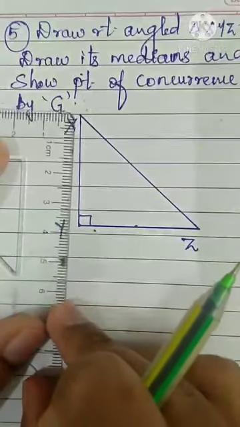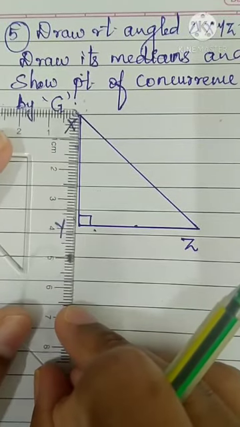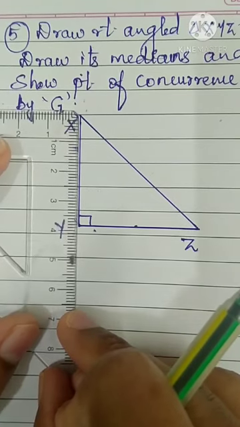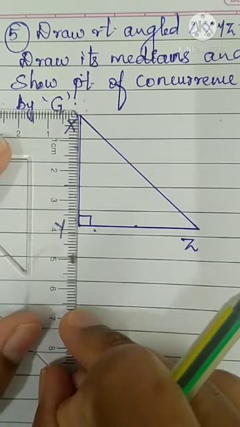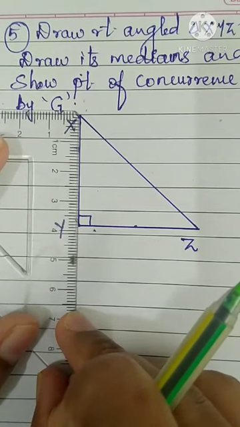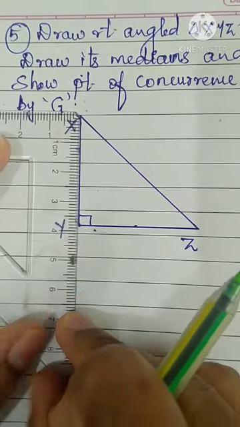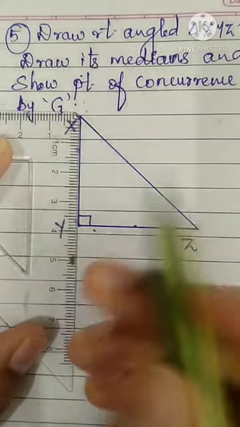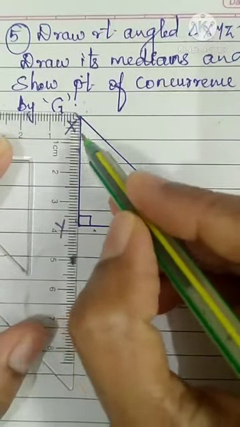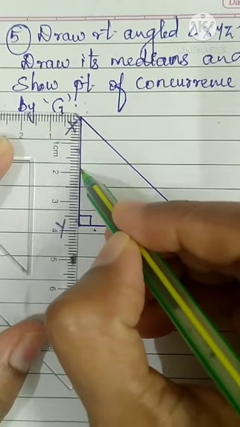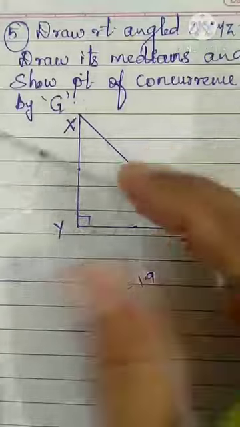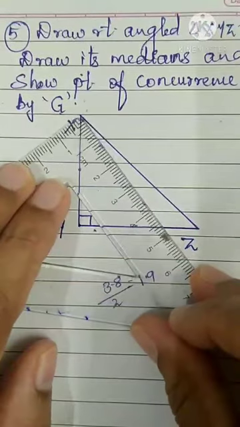This is the midpoint. Similarly, I will measure this side. This side is coming to be 4, not exactly 4. I can take 3.8. 3.8's half is 1.9. So 1.9 means it will be here. So I got the next midpoint. Now the midpoint of the hypotenuse.